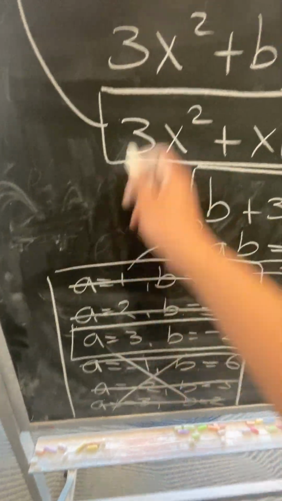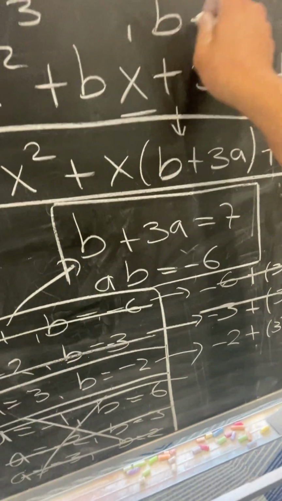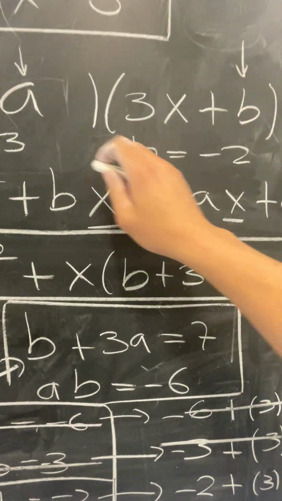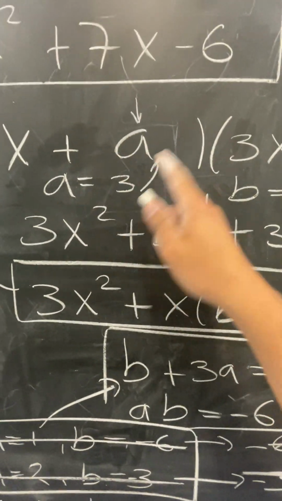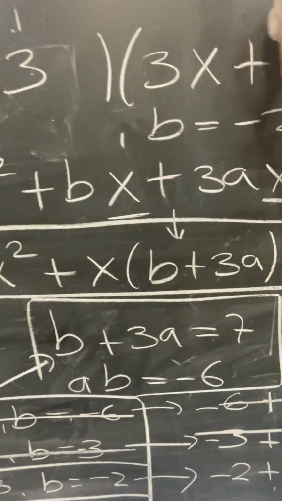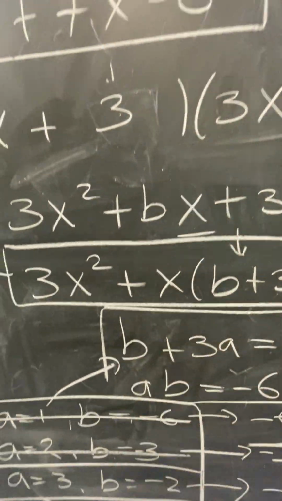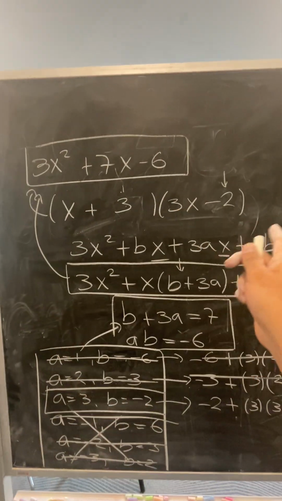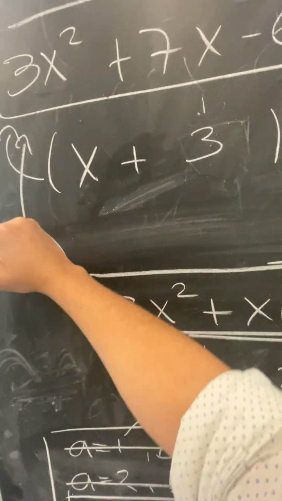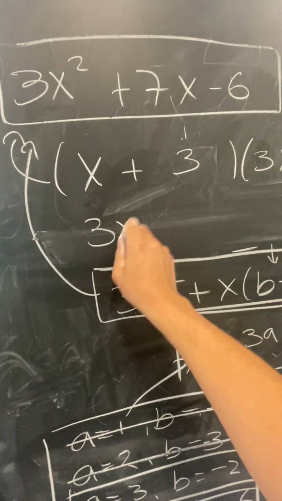So we can go back to here. a equals 3 and b equals negative 2. We can just replace this into our equation here. So that is our answer, and we can check it. If we multiply x times 3x, we get 3x squared.